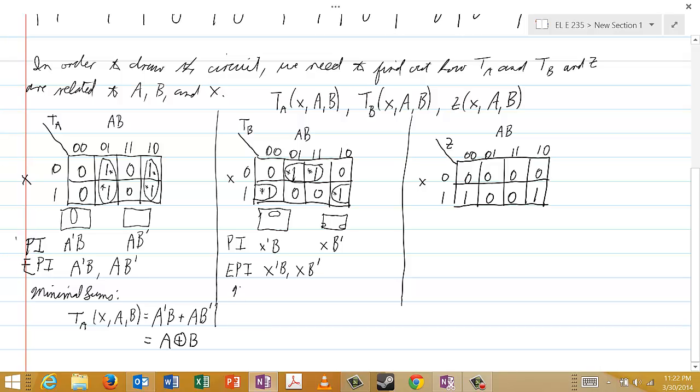And therefore, once again, there will be only one minimal sum, and it is T sub B of X A B equals X prime B or X B prime, which is X exclusive or B.